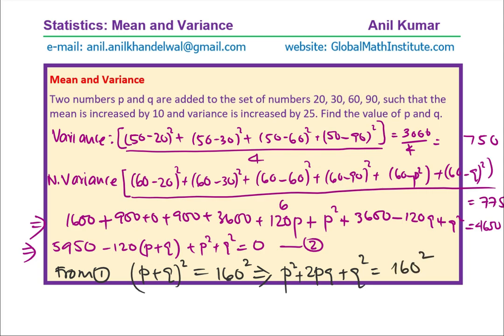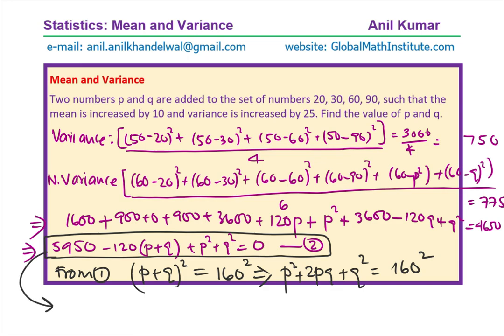And now we know what is p square plus q square, and we know the product also. So from here we can simplify our expression. Now using equation 2, we can substitute what p plus q is and simplify this.